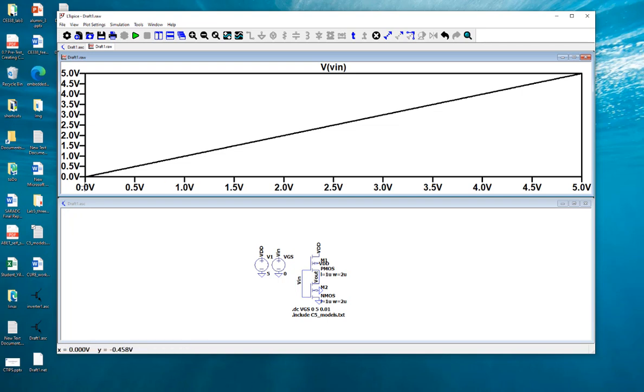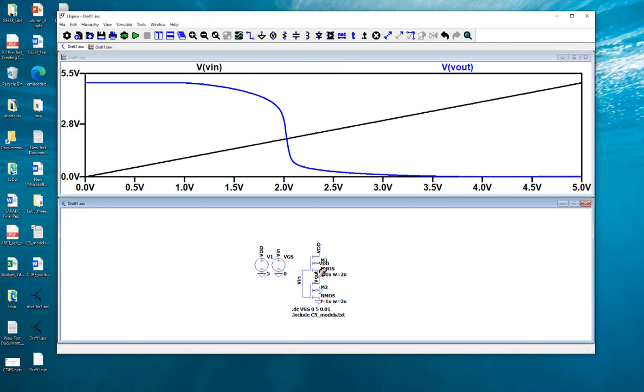That is why when you are sweeping V in on the x-axis, it's going to show a linear curve like this, which means y-axis will be V in as well, before we adding any other voltages to it. Okay, then I'm going to probe V out, so it's plotting V out in the same curve, and it's switching at this point. So what's the switching point for this design, for the inverter design here?